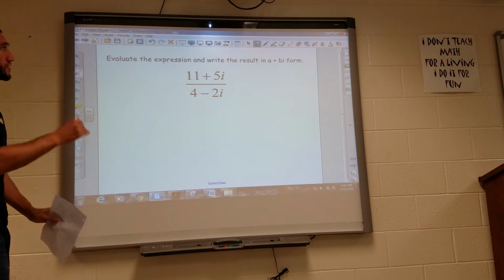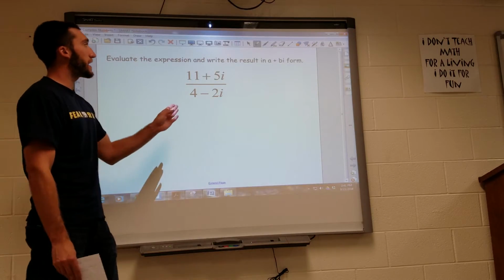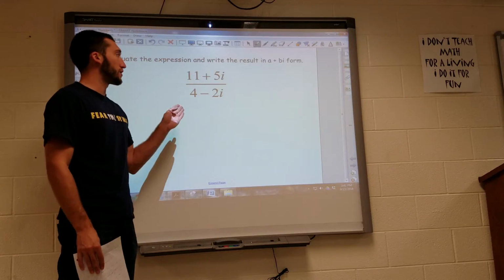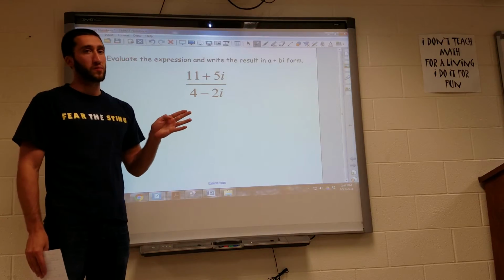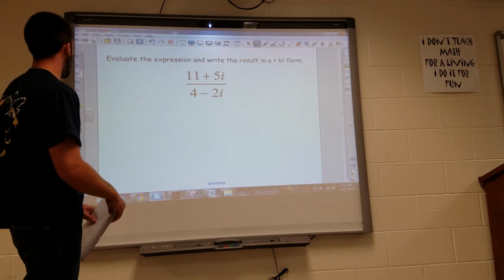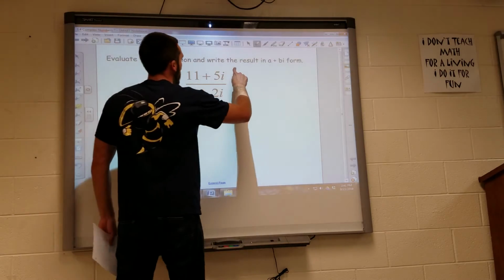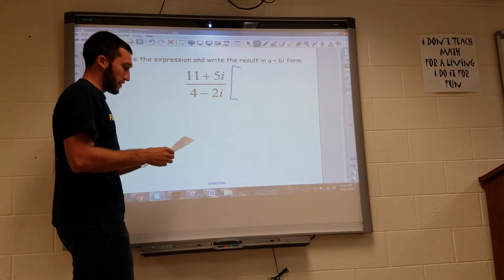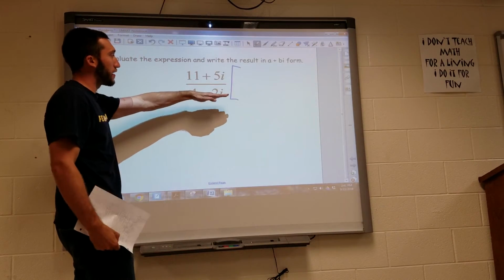Now they've got us dividing. Okay, and dividing complex numbers is a little more difficult than just simply multiplying them. So, in order to divide them, I start off by multiplying by the complex conjugate of the bottom.